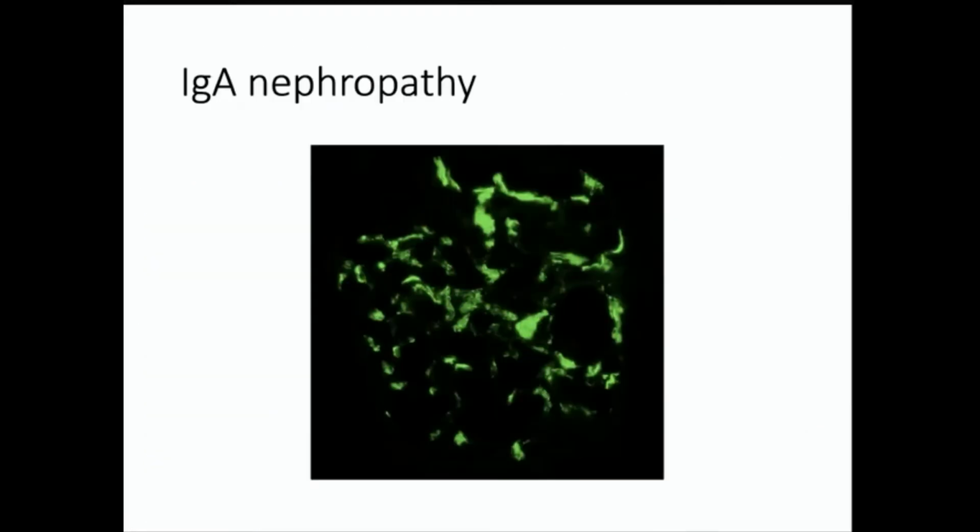Okay. So then what's the definition? What's the diagnostic criteria for IgA nephropathy? It's defined by the IgA deposition as the dominant or codominant in the mesangium of the glomeruli, detected nowadays most commonly by immunofluorescence staining, which is shown here, or by immunohistochemistry staining.